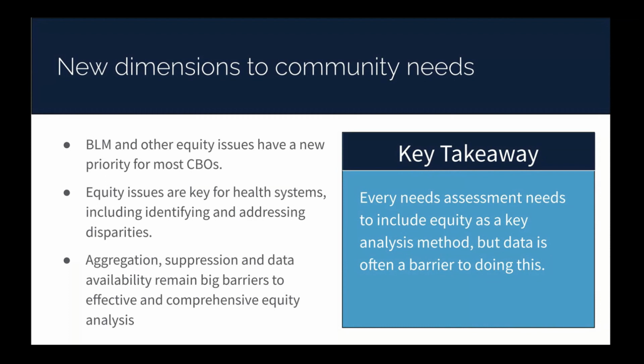So aggregation, suppression, and just data availability are big barriers to doing effective and comprehensive equity analysis. And until we figure out ways to get around those, we're going to be inherently limited in the types of analysis and the breadth of analysis that we can do.